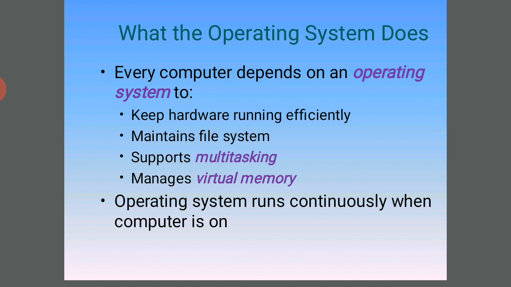So what is multitasking and what is virtual memory? The operating system supports multitasking and virtual memory. Without an operating system we cannot run computers. So the operating system is a must, and it is on whenever we do any work in the computer.